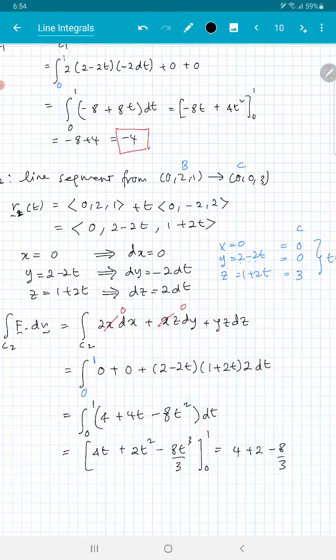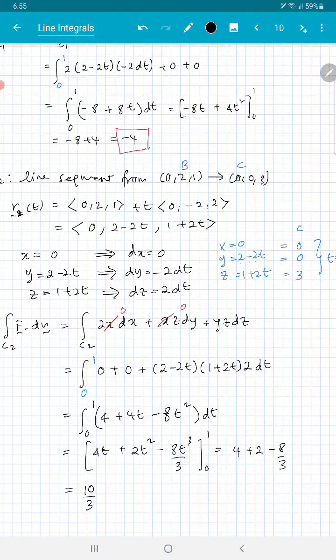All right, so replacing t with 1, we have 4 plus 2, which is 6, minus 8 over 3, is equal to 10 over 3.